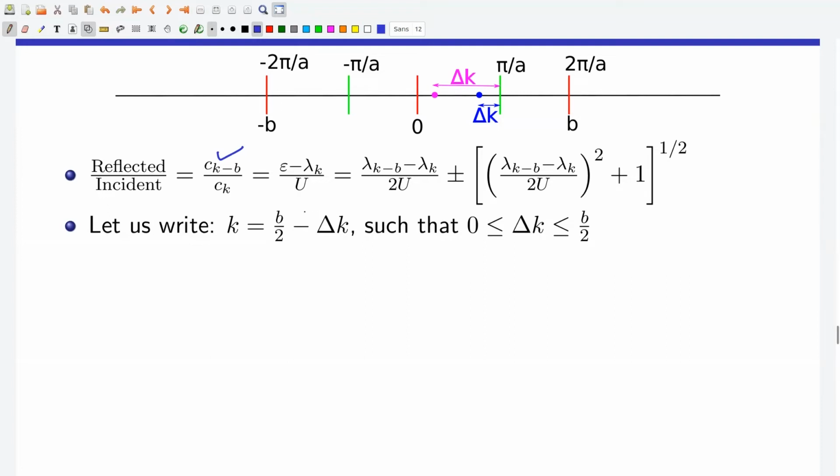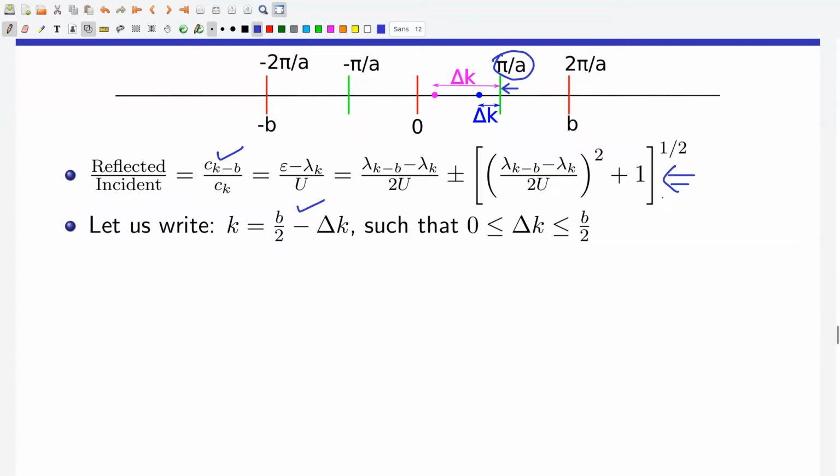Now we write k is equal to b by 2 minus delta k, where delta k is the distance from the first Brillouin zone boundary shown by the green line in this diagram. We are going to rewrite this equation in terms of delta k. This is equivalent to changing our reference point in the reciprocal space.